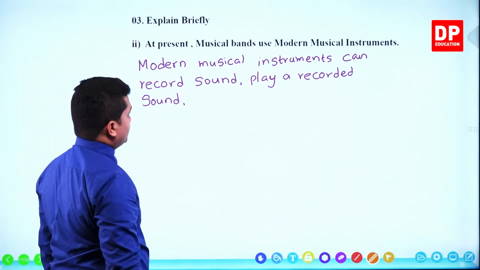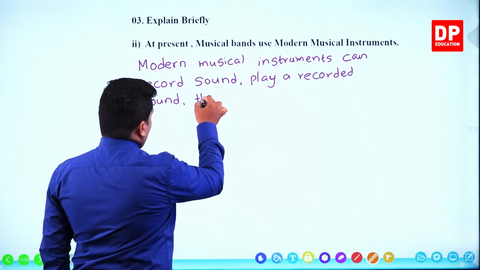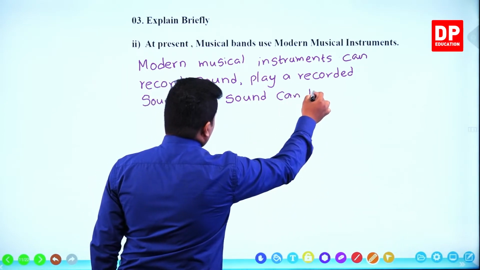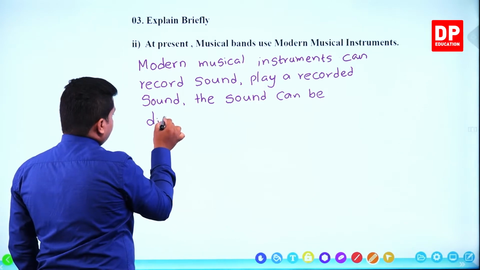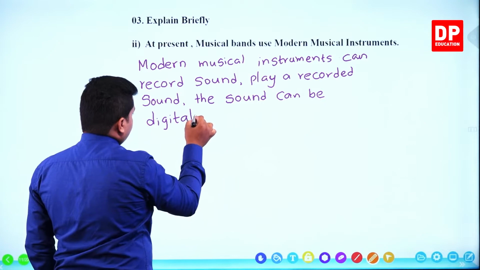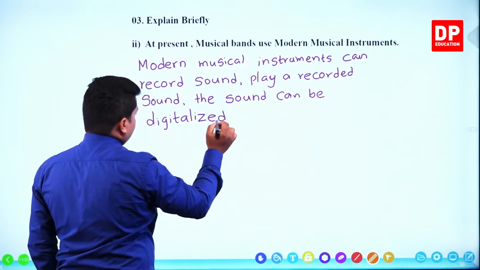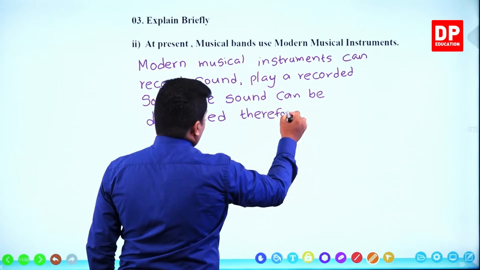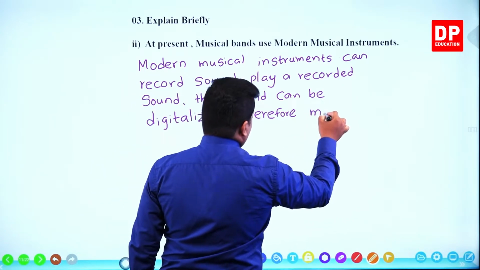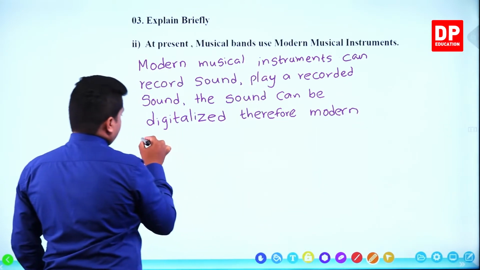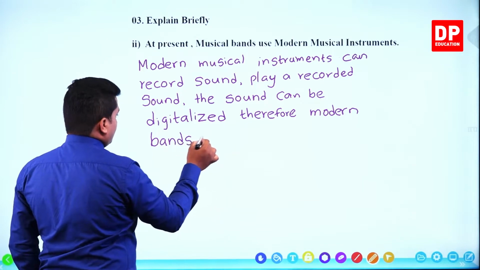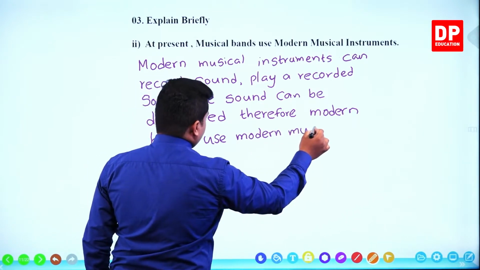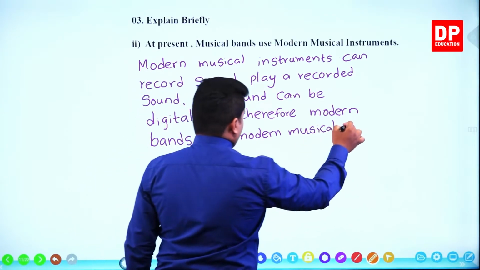The sound can be digitalized. Therefore, modern bands use modern musical instruments.